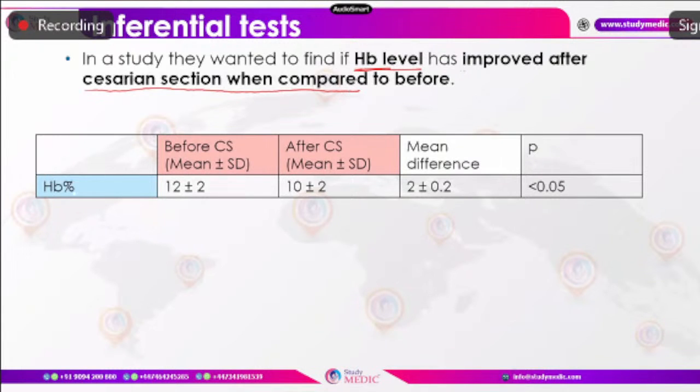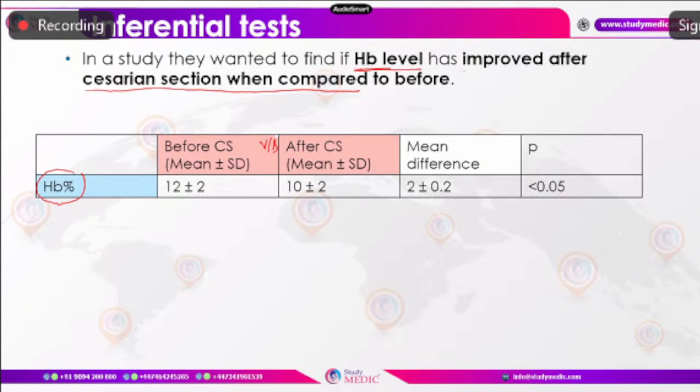That means hemoglobin percent is a continuous variable whose value they are trying to find out before cesarean section, and they are trying to find out what happens to this hemoglobin value after cesarean section, whether it is decreased or increased, etc.